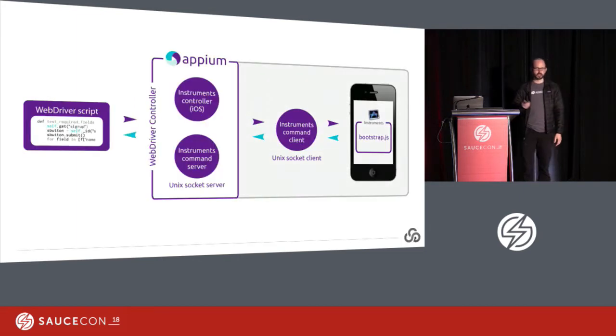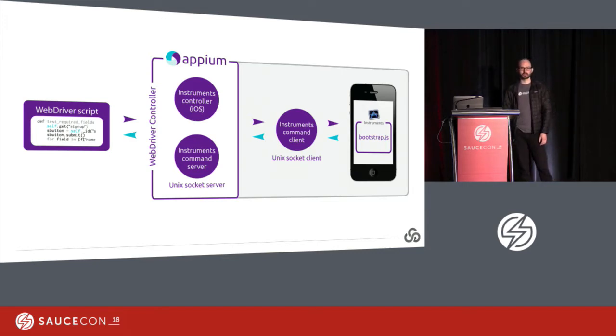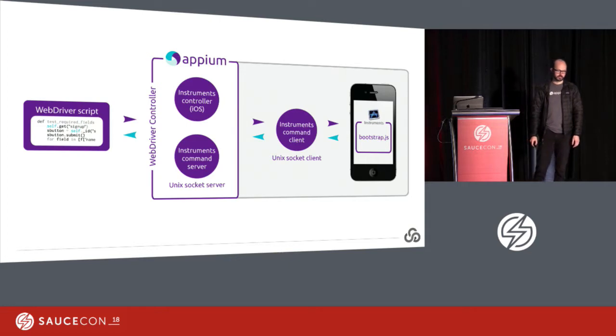And I went around talking about Appium, and this is one of the diagrams that I used to present on how Appium is architected. So you have your WebDriver script, and then you've got this thing called Appium, which is basically a WebDriver controller, a little web application that responds to the WebDriver protocol. And then we have some stuff that was hooked into Apple's proprietary automation technology called Instruments and UI Automation.